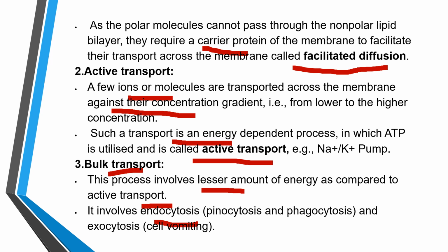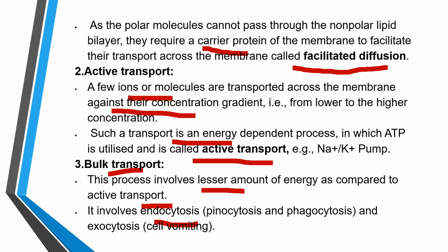So here we have discussed some methods of transport of molecules across the cell membrane: three important methods, that is passive transport, active transport, and bulk transport. In today's discussion, students, we have talked about the fluid mosaic model, which has a phospholipid bilayer that also contains proteins, either present on the surface externally or present in between the lipid bilayers.